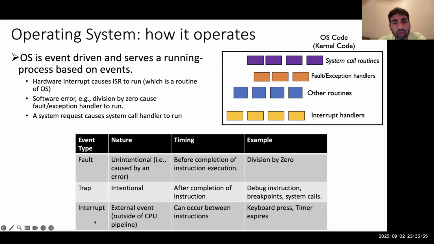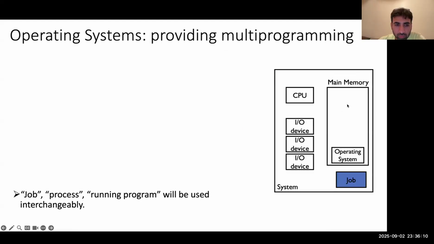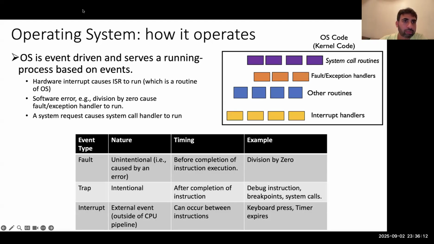Depending upon the type of the event, one of the handler routines will be run, like the interrupt handler, fault handler, or system call routines, and so on. Any questions?